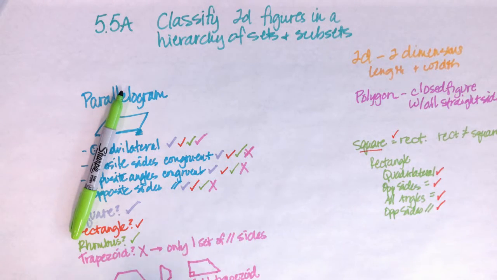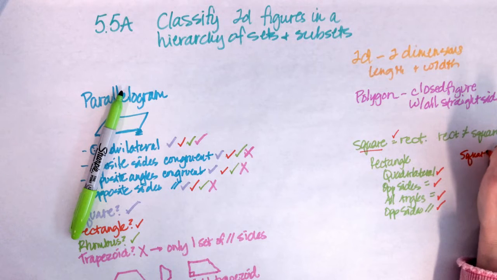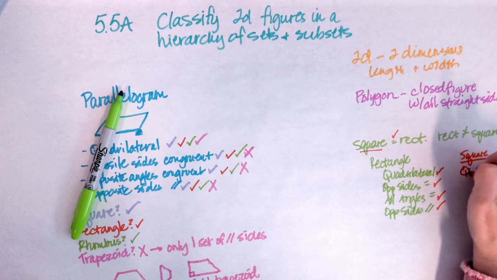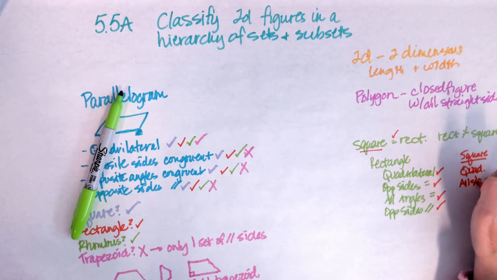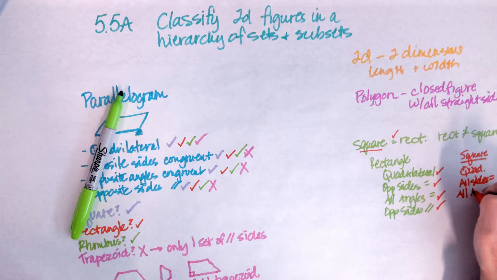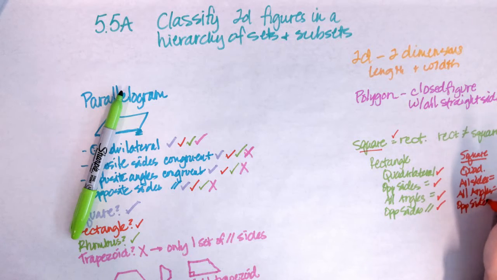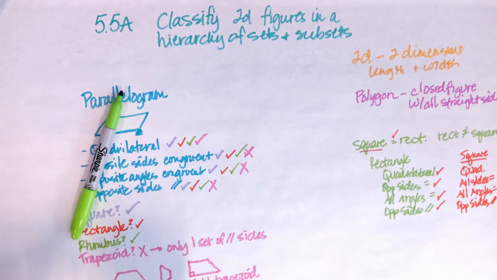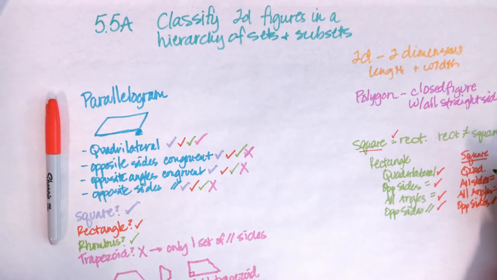But now let's see why a rectangle is not a square. So a square, we know, is a quadrilateral. All sides are congruent. All angles are congruent, and opposite sides are parallel. So is that true of a rectangle? Is a rectangle a quadrilateral?